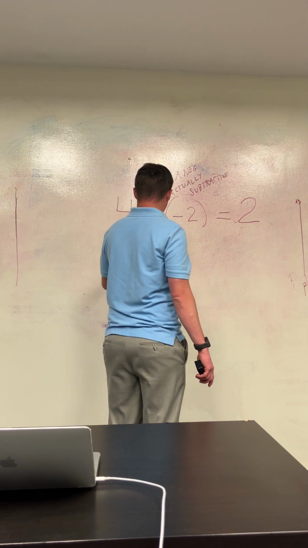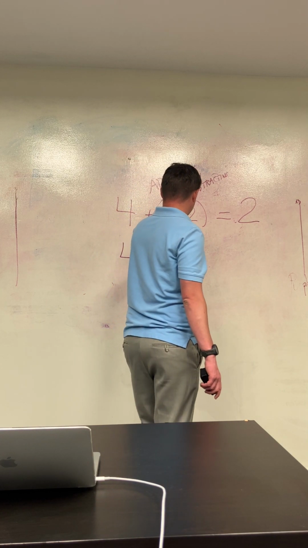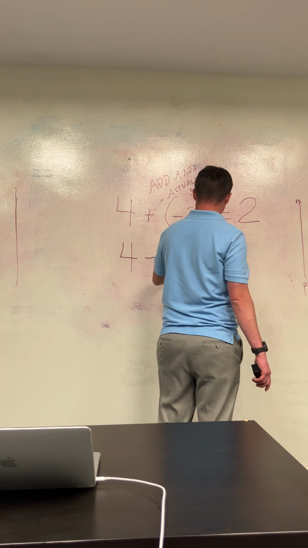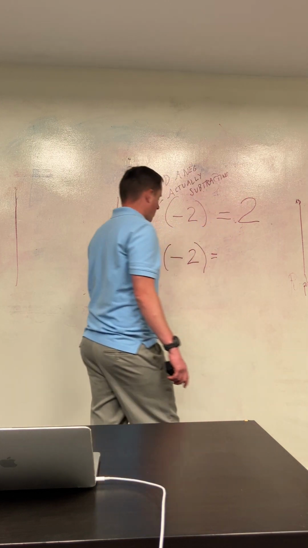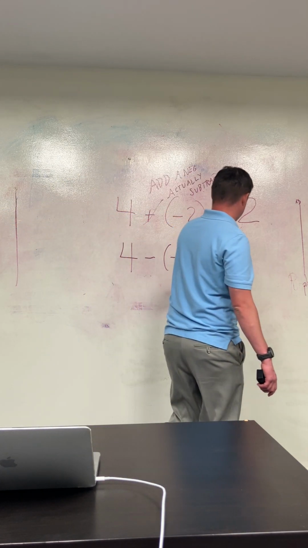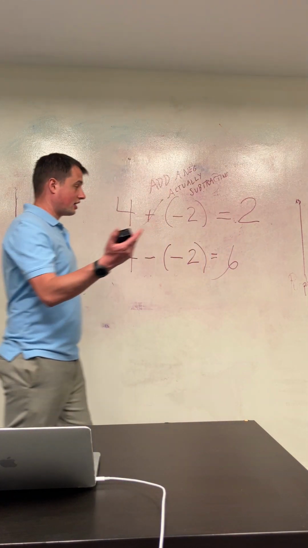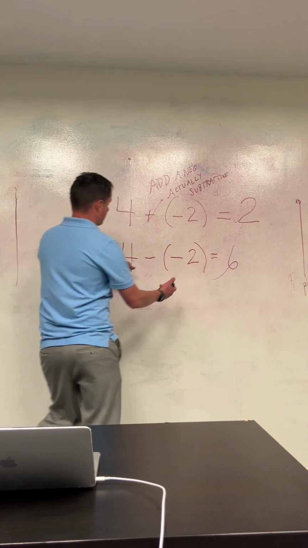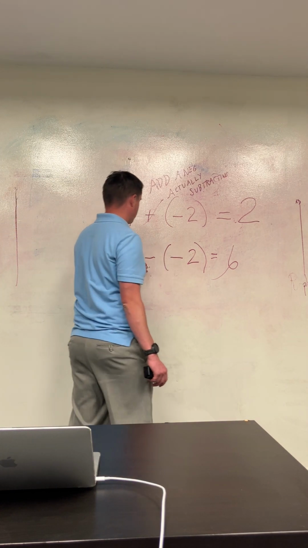Now let's say we're subtracting a negative. What do we think this one might be based on what we just said? You're adding? Yeah, you're actually adding. Because you do the opposite of whatever it is. These actually come together to make a plus.